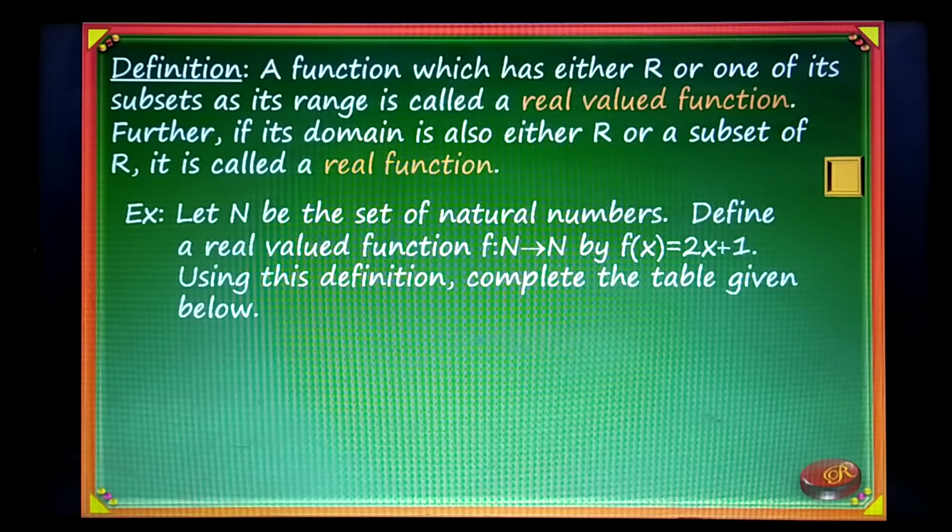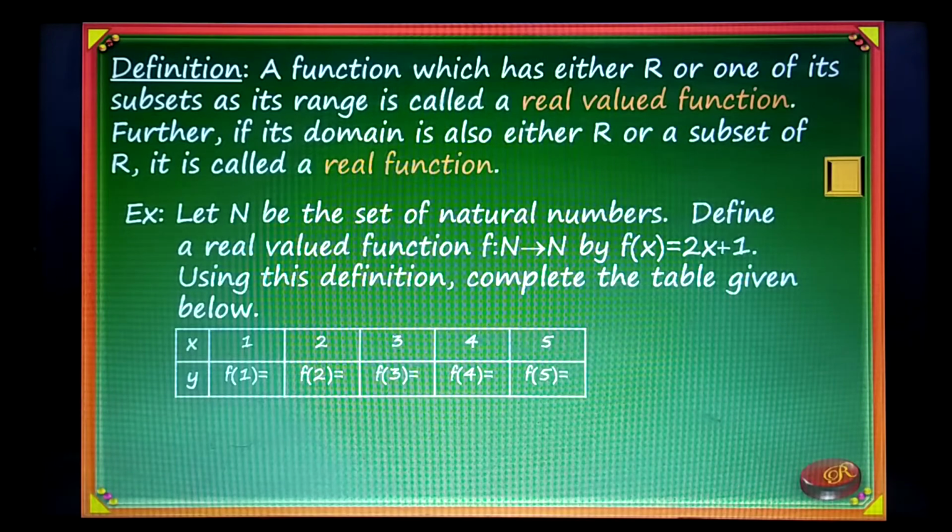Using this definition, complete the table given below. So, we should find the values of y, that is f(1), f(2), f(3), f(4), f(5), for the values of x = 1, 2, 3, 4, 5.